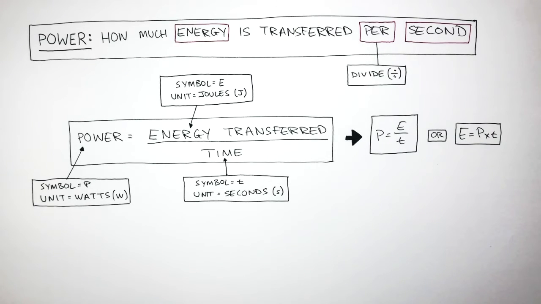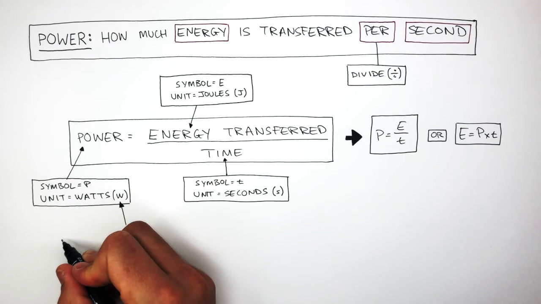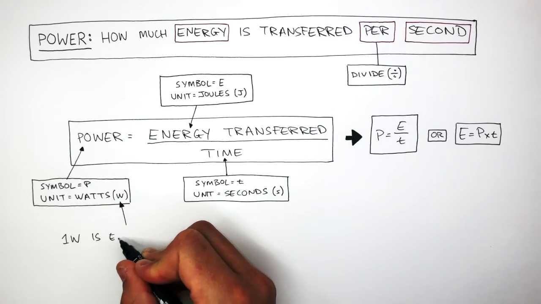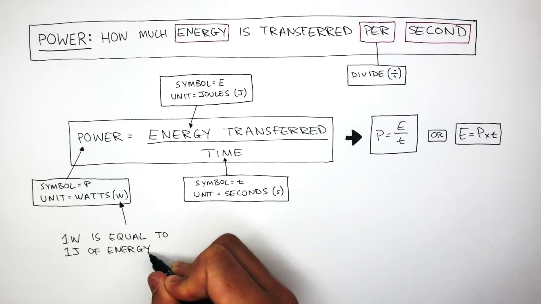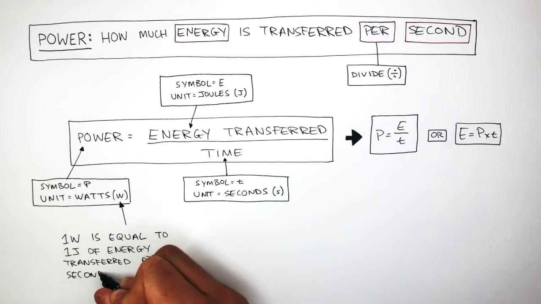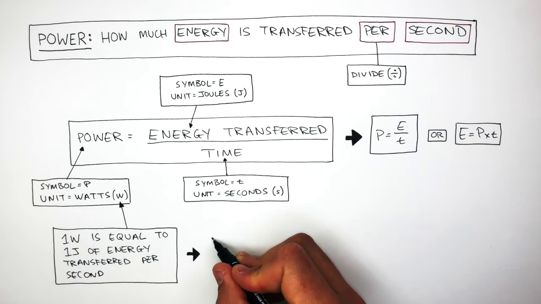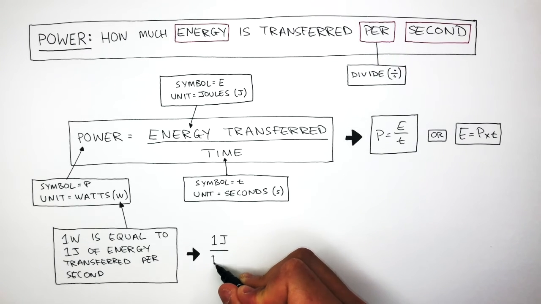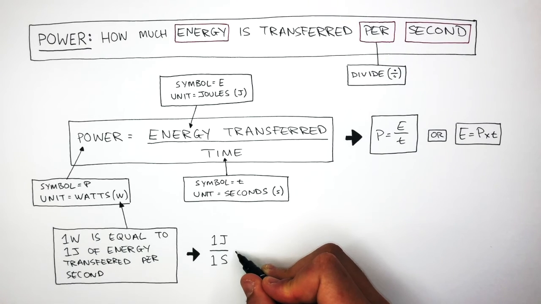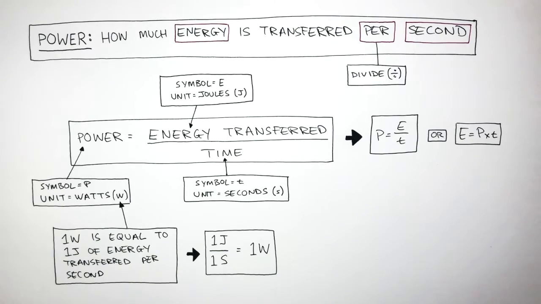Let's now focus on understanding the unit of power, which is watts. You need to know 1 watt is equal to 1 joule of energy transferred per second. Let's use the equation to understand this, where power equals energy divided by time. So if we do 1 joule divided by 1 second, this means P, or power, equals 1 watt.